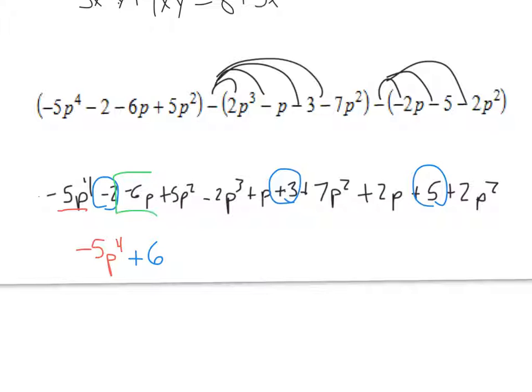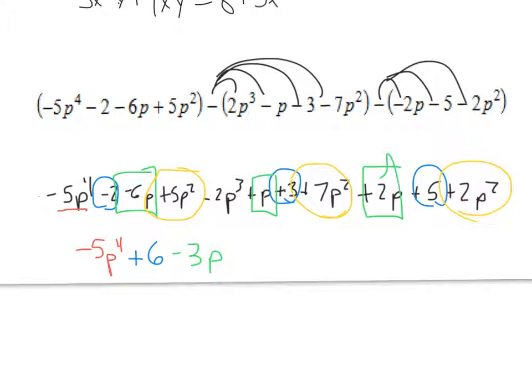Then I have a negative 6p, a 2p, and a p, which gives me negative 3p. I have a 5p squared, a 7p squared, and a 2p squared, so if I add those together, I get 14p squared. And the last one I have left is minus 2p to the third.